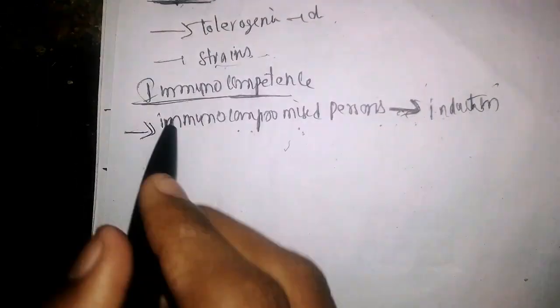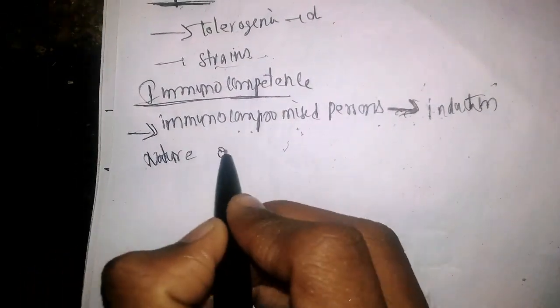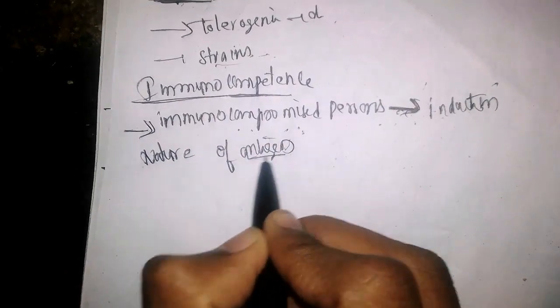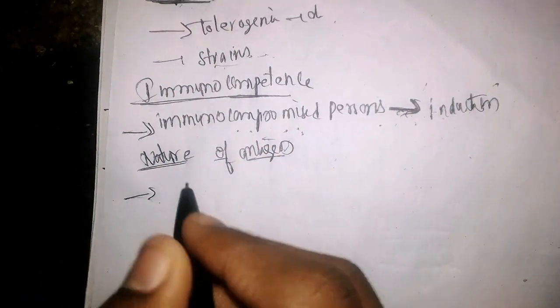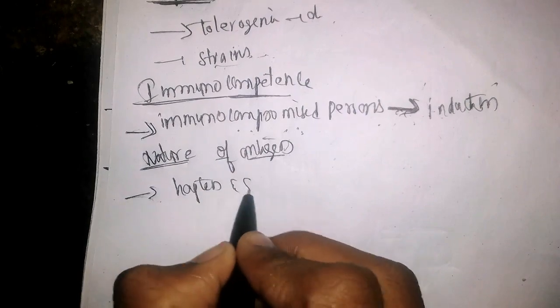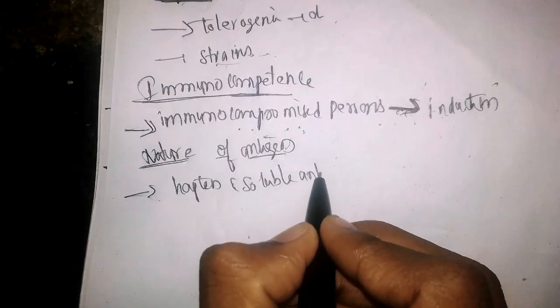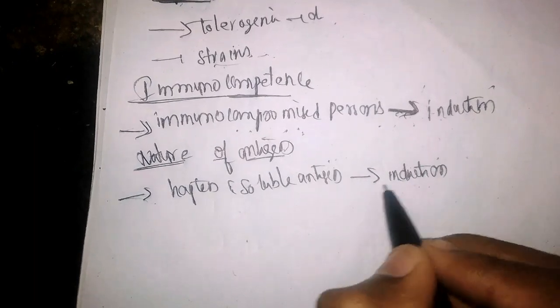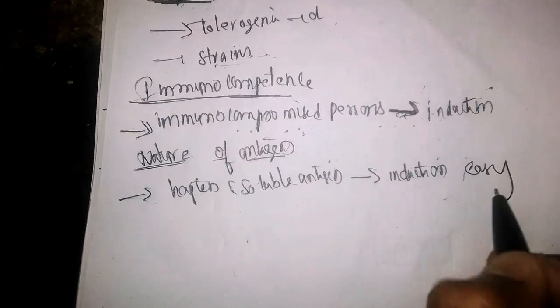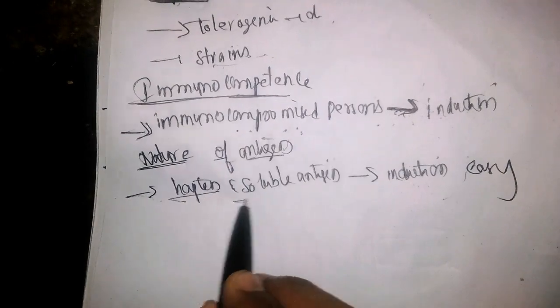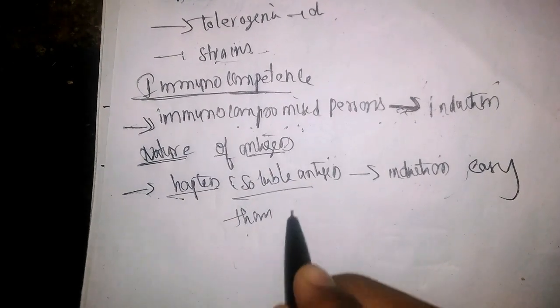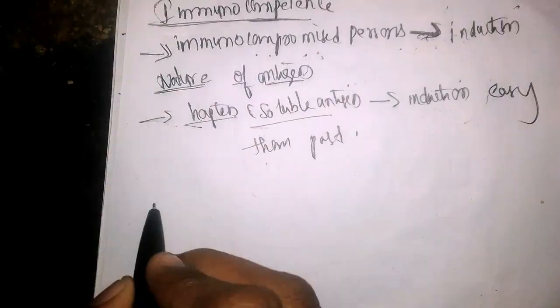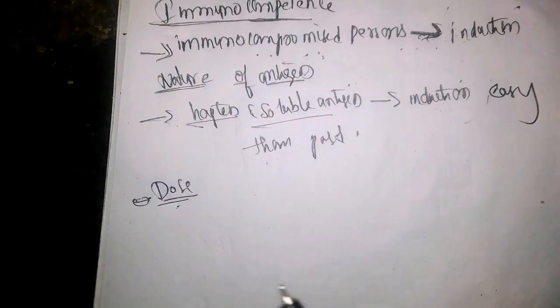Then nature of antigen. Haptens and soluble antigens: induction of tolerance is very easy for these. Then particulate antigen. Then dose of antigen.